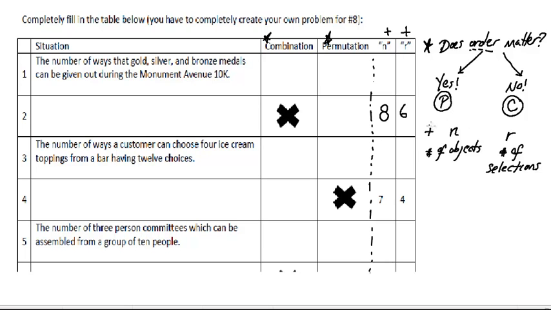Alright, so let's start the first part here with number 3. Identifying the number of objects versus the number of selections is pretty clear. So what I like to do is draw a little picture every time. I'm choosing 4 ice cream toppings from a bar having 12 choices. So I'm going to go ahead and number 1, 2, 3, 4, 5, 6, 7, 8, 9, 10, 11, 12. That's the first part of the picture.